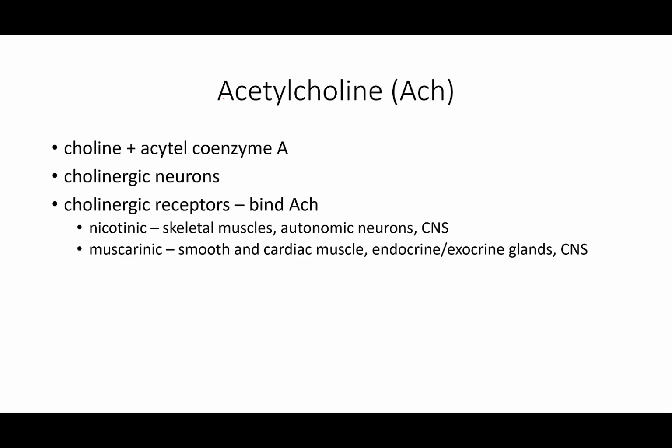Acetylcholine is made by taking a choline molecule and adding it to acetyl-CoA. So the acetyl coenzyme A goes together with choline and we get acetylcholine.